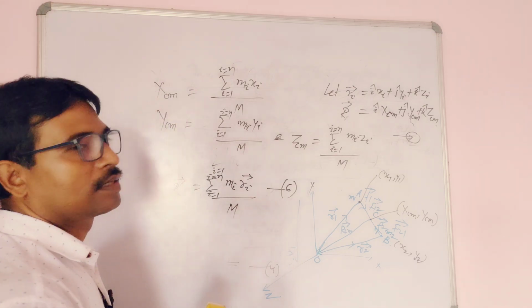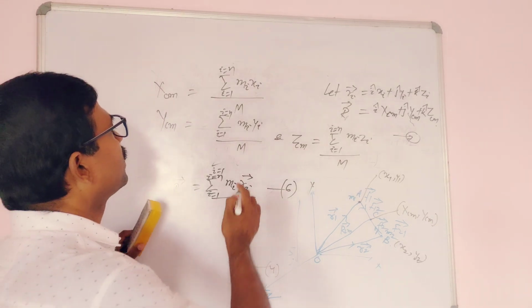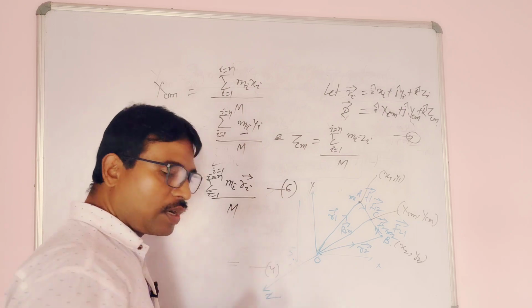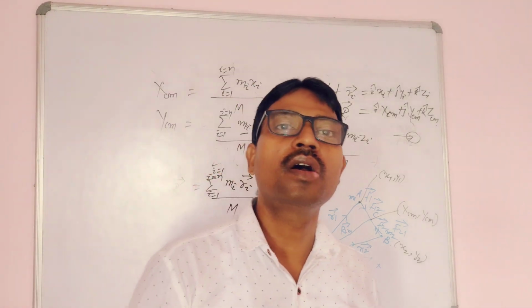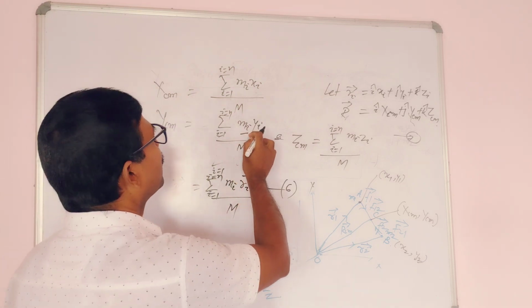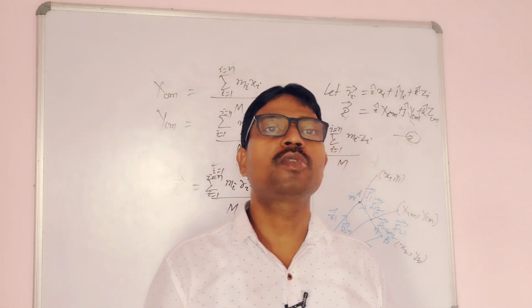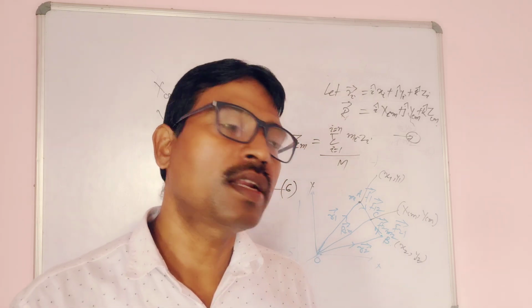But a very interesting thing that you should remember is that for a continuous distribution of a body, where mass is distributed, the body consists of m1, m2, m3 up to mn.